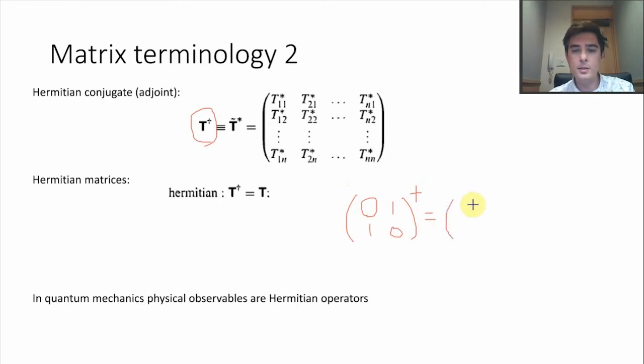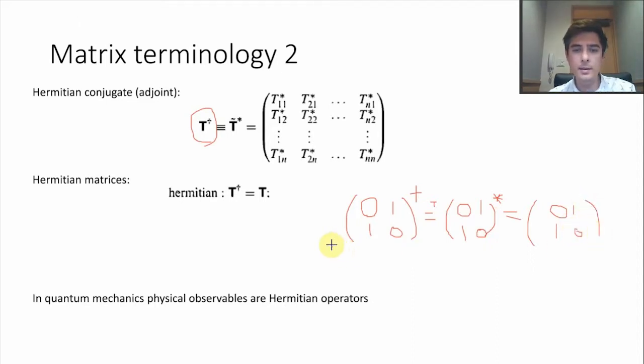I flip the rows and the columns, but this happens to be a symmetric matrix, so after the transpose it is unchanged. Now I need to take the complex conjugate of this, and everything is a real number, so it's just equal to the same matrix. Okay.